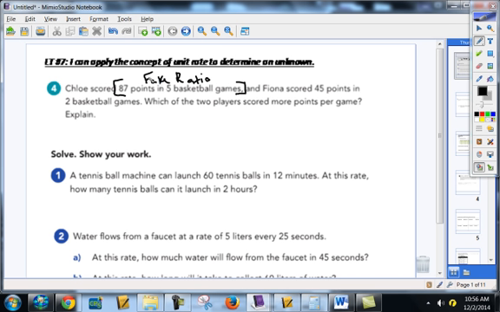Now again, the word fake doesn't mean the same here as it does in Learning Targets 3 and 4, but I think you get the picture that that's the given ratio, the given information. That's how much Chloe scores. Fiona scored 45 points in 2 basketball games. We want to know which player scored more points per game.